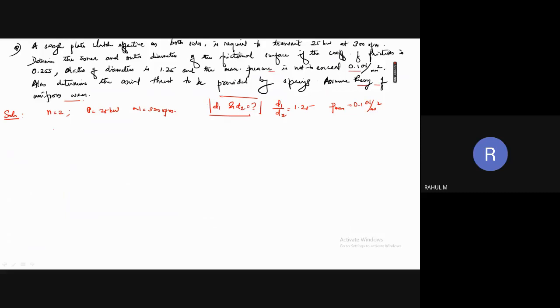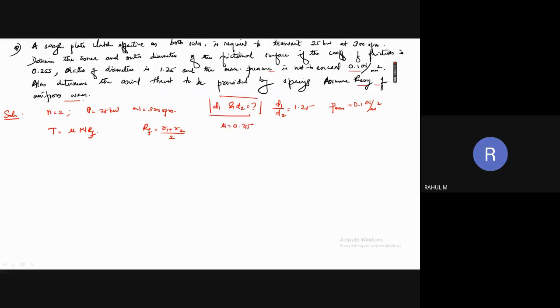Your torque transmission equation is this one. T is equal to mu W RF is the fundamental equation, where your RF is nothing but the average of R1 and R2, that is R1 plus R2 divided by 2. Now, your mu value is also given, 0.255.